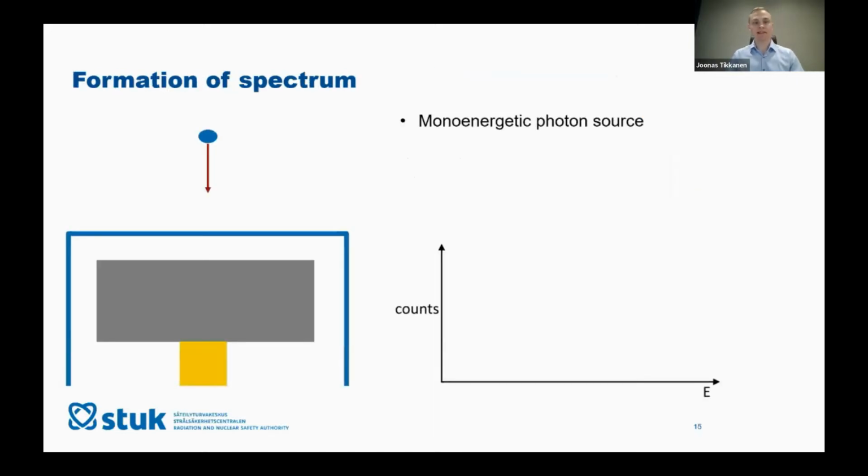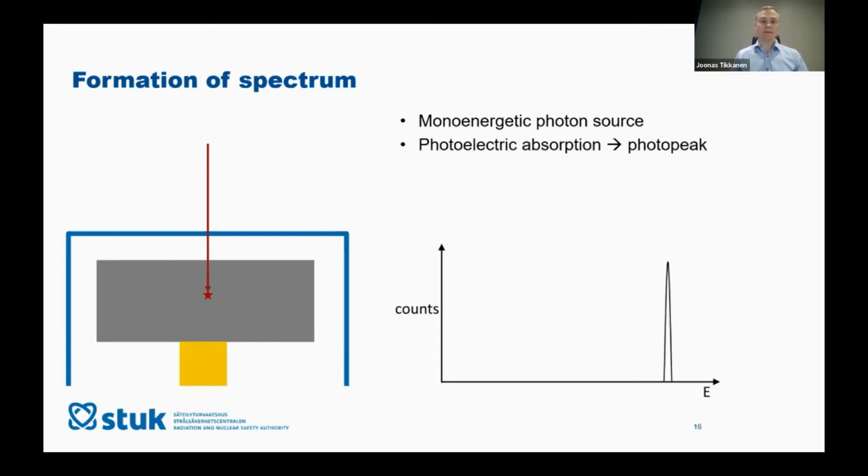Then, what does a measured spectrum look like? If we now have a monoenergetic photon source, and the photons are hitting a detector, if the photons interact through this photoelectric absorption, so all of the energy is left inside this semiconductor material, we get this photopeak in the spectrum.